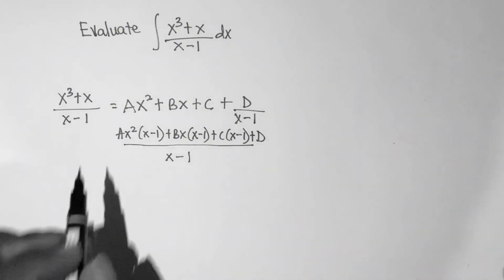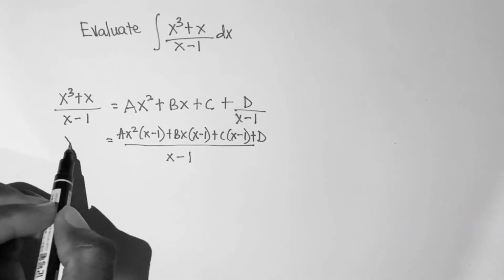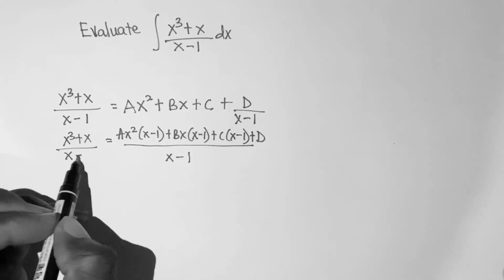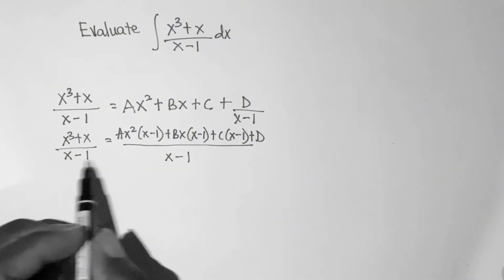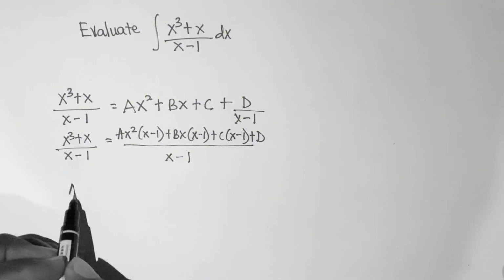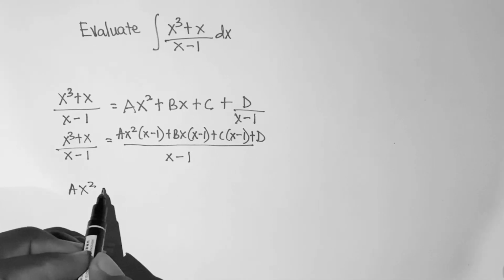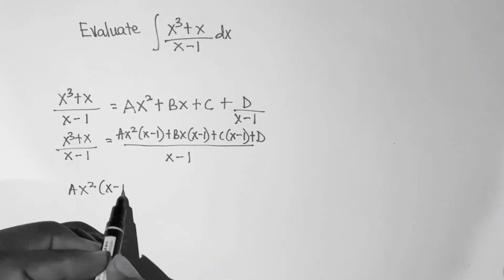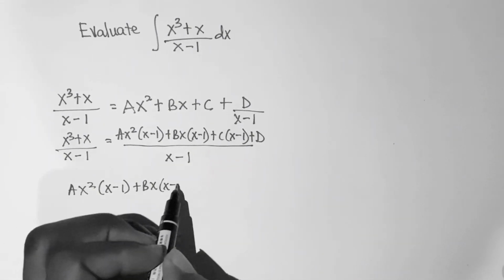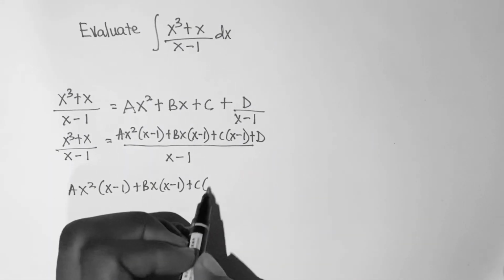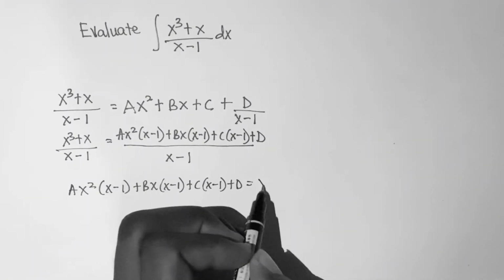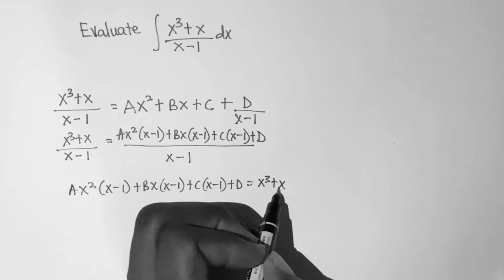So now let's proceed. This is equal to x cubed plus x divided by x minus 1. Since the denominators are equal, we can equate the numerators. So it implies that ax squared times x minus 1, plus bx times x minus 1, plus c times x minus 1, plus d is equal to x cubed plus x.